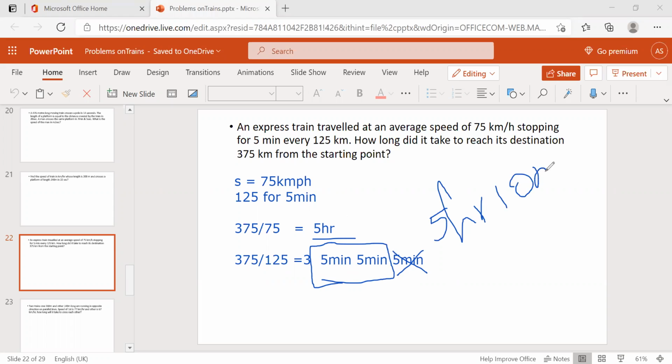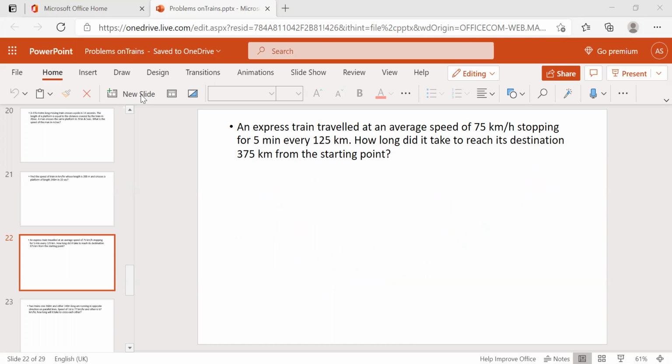Clear, right? But if you count the last 5 minutes also, you will get the wrong answer. I'm not counting the last 5 minutes because the train has already reached the destination, so it's not required. Is it clear? Now, moving to the next question.